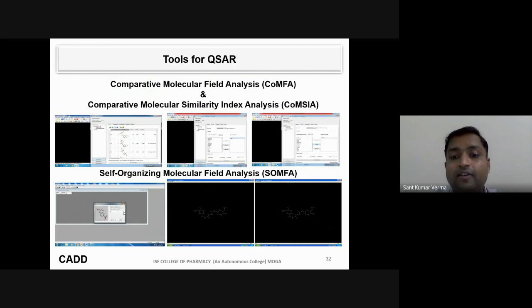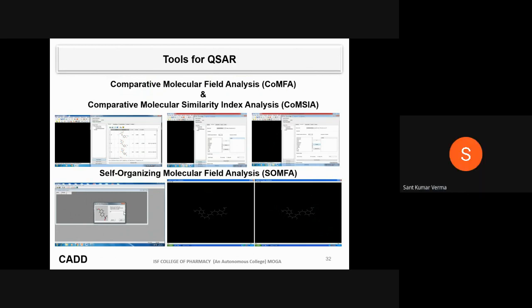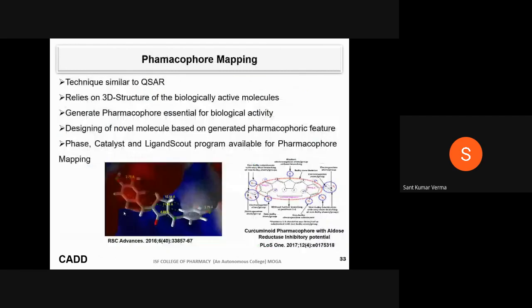In steric, we identify the potential steric feature of the molecule responsible for a particular biological activity. In the electrostatic grid, we identify the electrostatic feature favorable for a particular activity. Based on these features, we can design newer molecules against a particular biological activity.